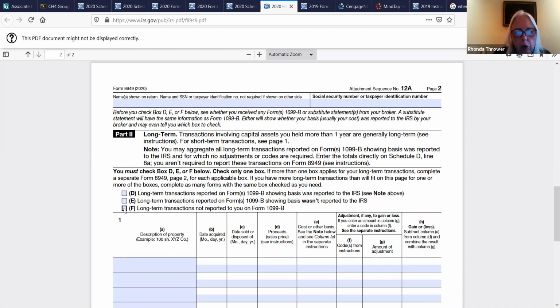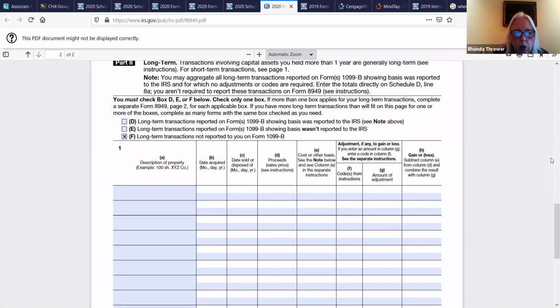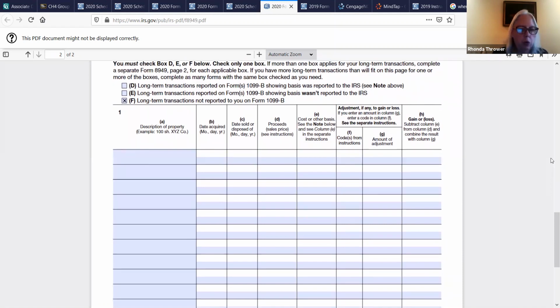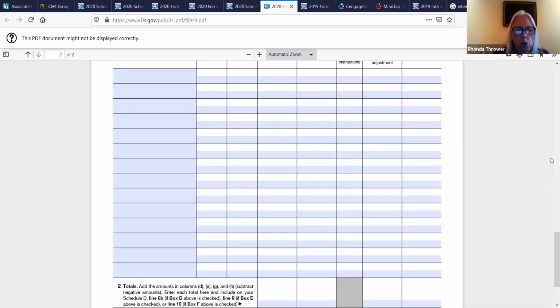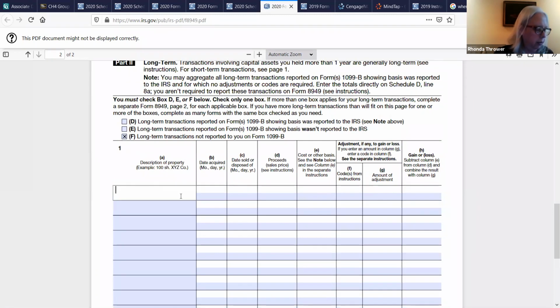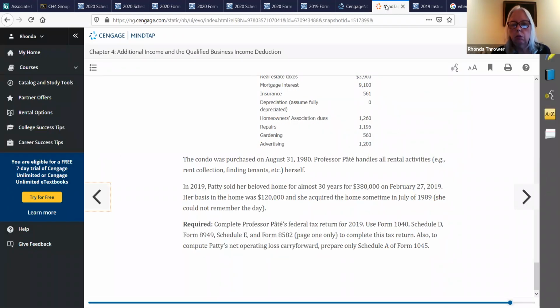In part 2, you have to read your instructions again. These are long-term transactions not reported to you on 1099-B. And so you have to check one of those boxes, and then we could put in this form a description of the property. The description of the property would be the sale of a personal residence. That's what I would put there.